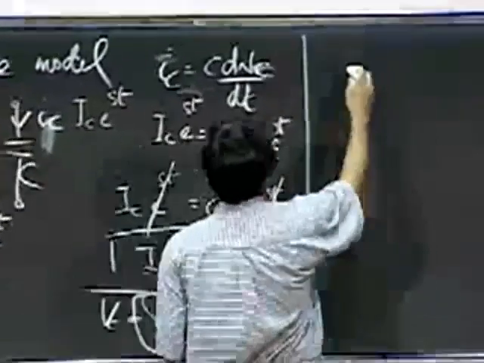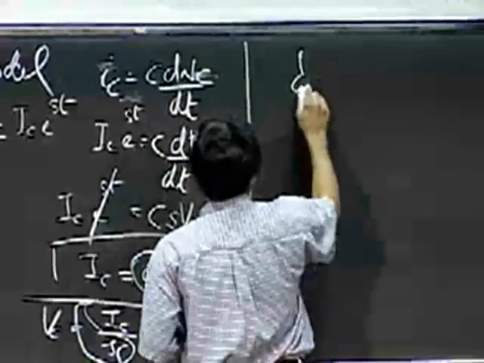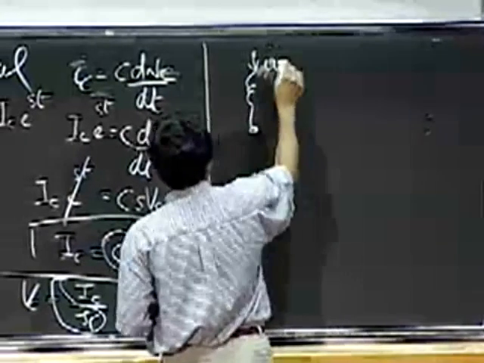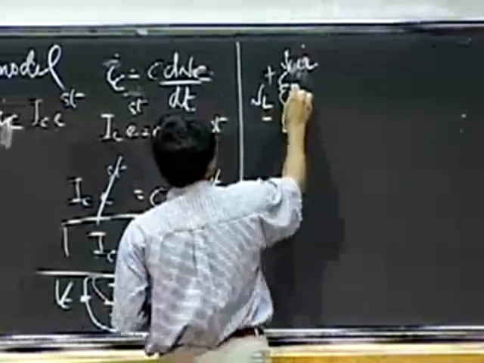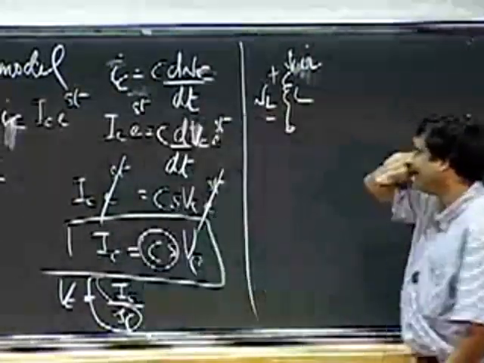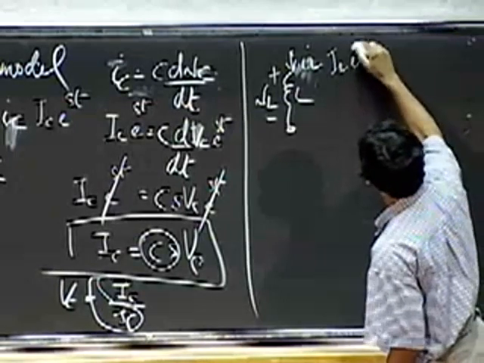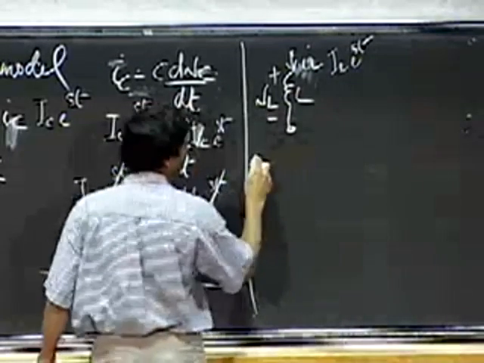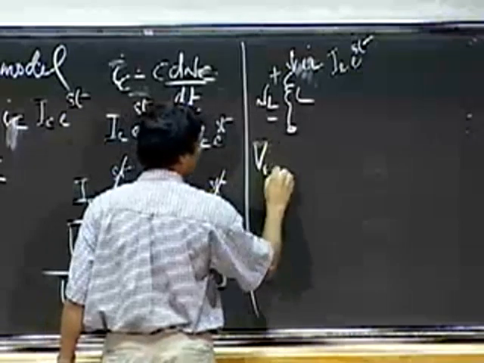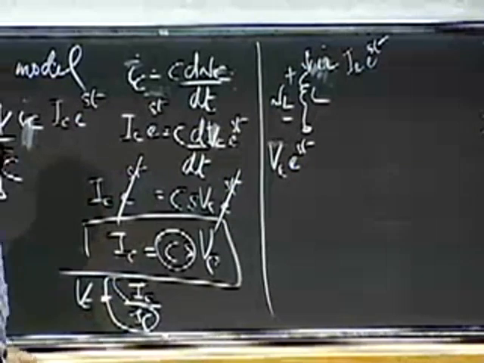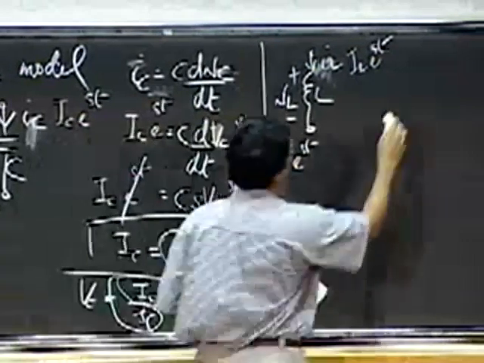For the inductor, in the same way, we have IL, VL, and L. Let's say IL is IL e to the st, and VL is VL e to the st. Let's substitute the values for the inductor into its element relationship as well.